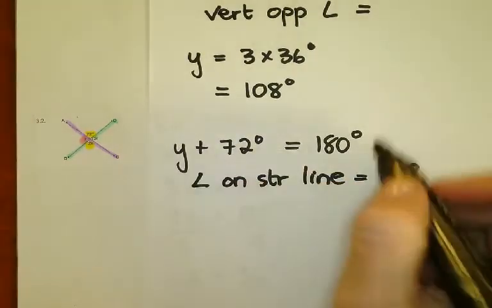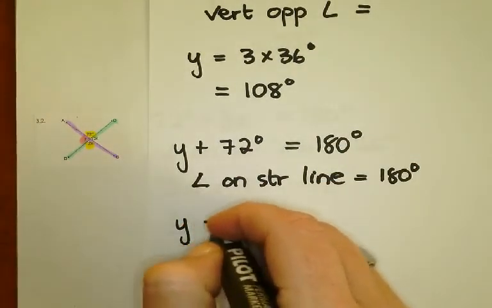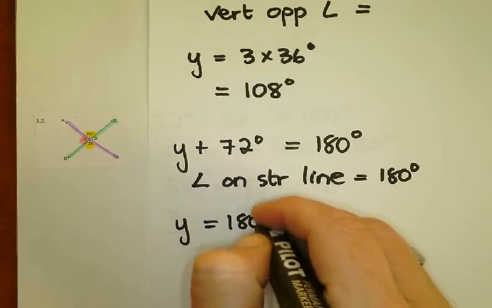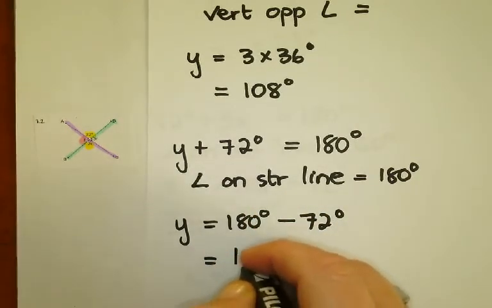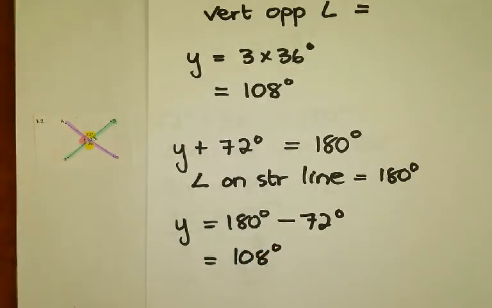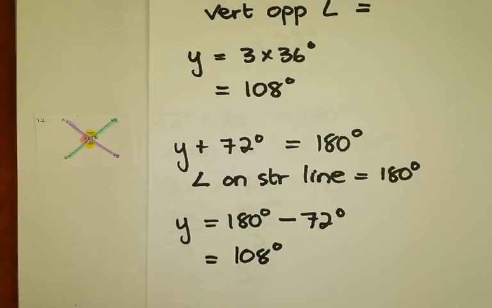Right? Now it's maths from here. So y is equal to 180 degrees minus 72 degrees, which will give me again 108. Can you see no matter which option you choose, you get the same answer? Right, we have one more method in which we can calculate y. I just need to grab a new piece of paper.